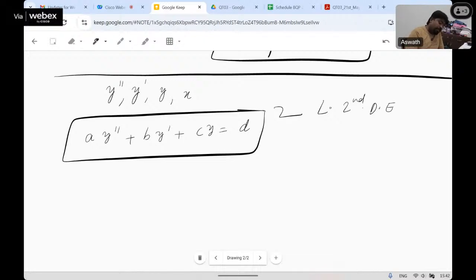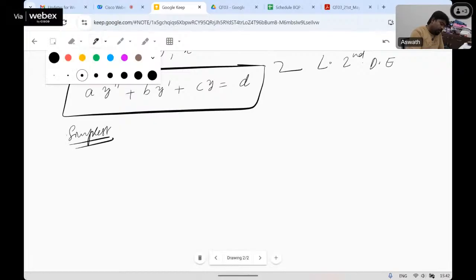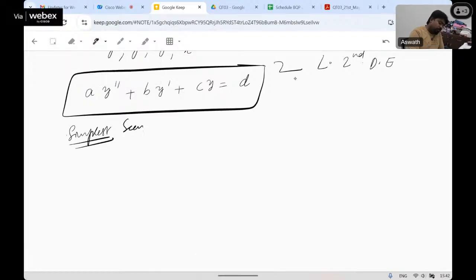Let's say the simplest scenario is, let's say, d equal to 0. So it is called a homogeneous differential equation.